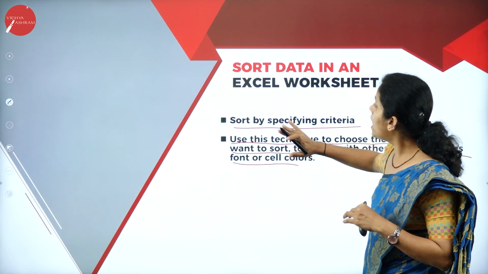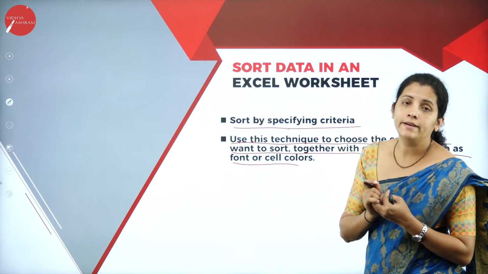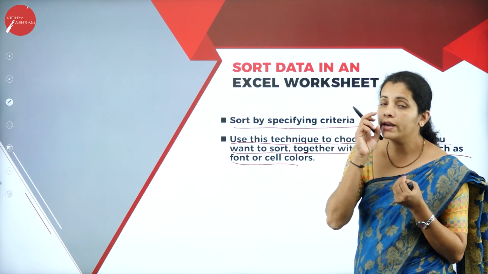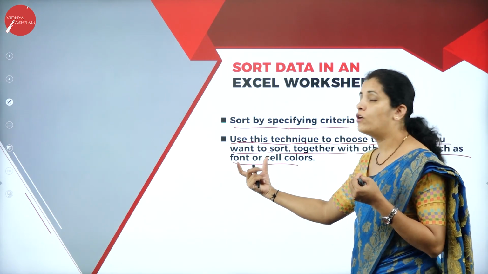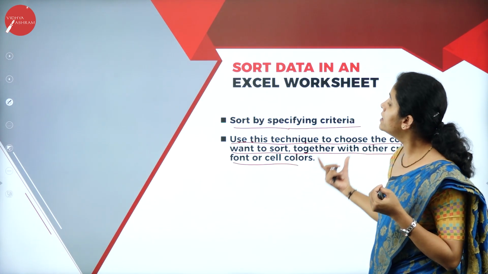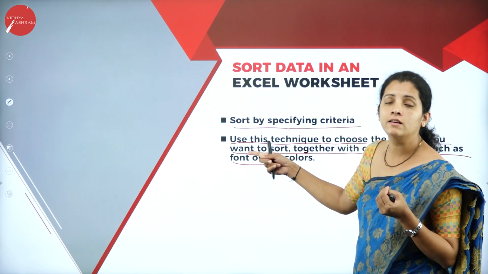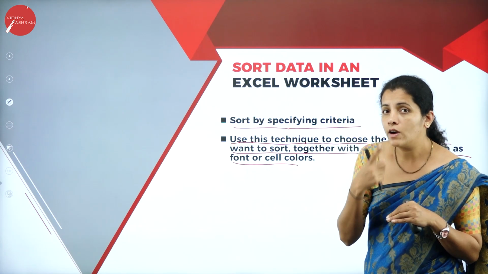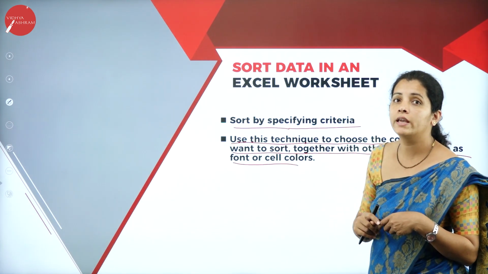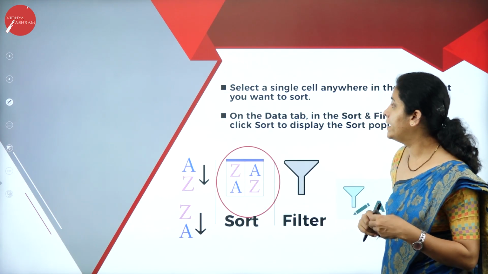That means along with A to Z or descending or ascending order, you can use font color as well as cell color. Based on the cell color, you can sort the data, or based on the font color, you can sort the data.